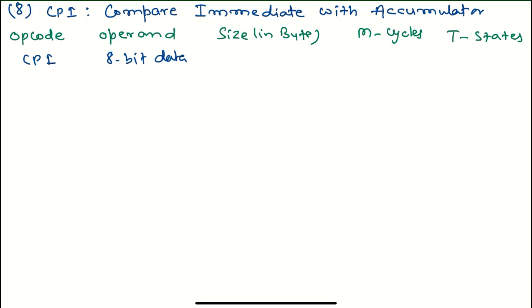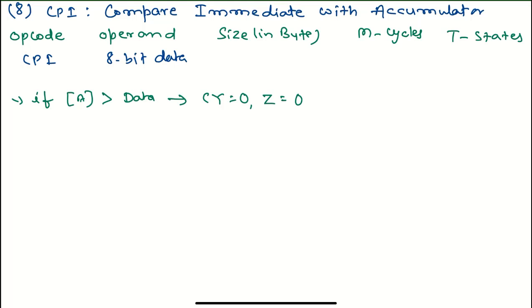If the accumulator content is greater than the data, then the carry flag will be reset and the zero flag will also be reset, because there is no carry or borrow required for the subtraction.